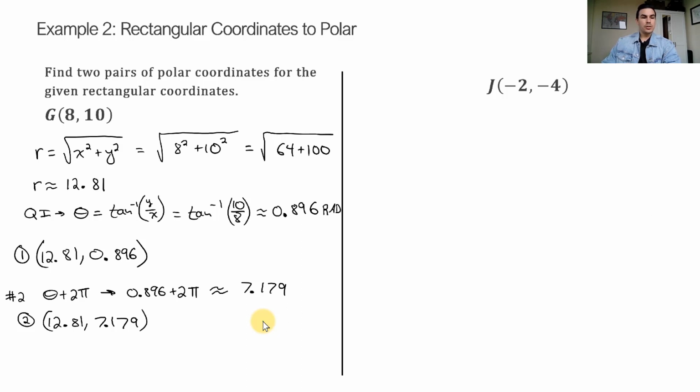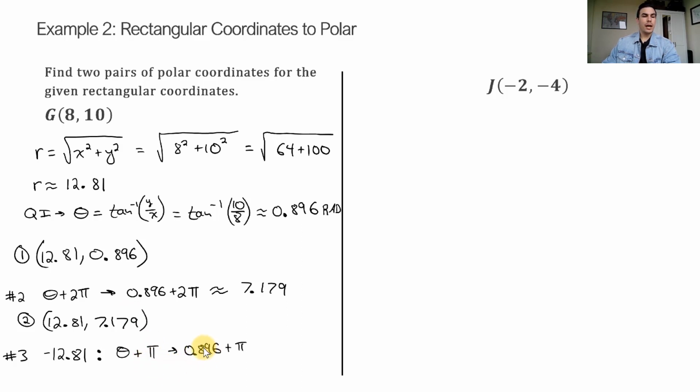Now, if I were to restrict this theta for whatever reason, you may need to use a negative r value. When you do that, you would then add or subtract pi from your original theta. If I were to go a half revolution around the pole, that is what adding or subtracting pi is essentially doing, right?